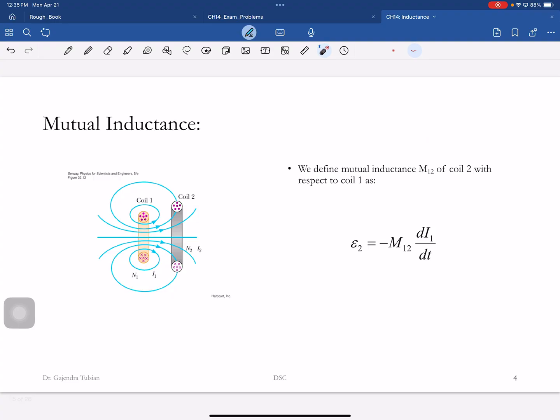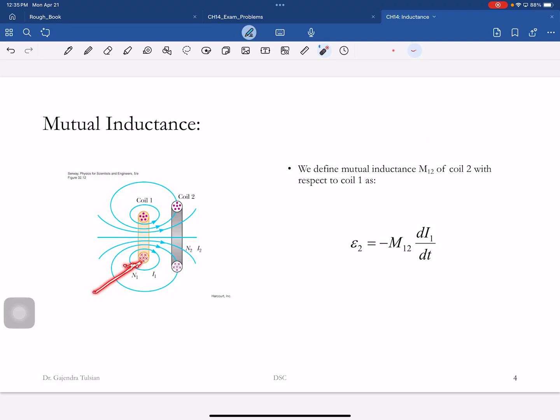All right, again, time-varying currents in this circuit are inducing an EMF in a nearby circuit. So this equation says the EMF induced in coil 2 is proportional to time-varying currents in coil 1. You guys see that.